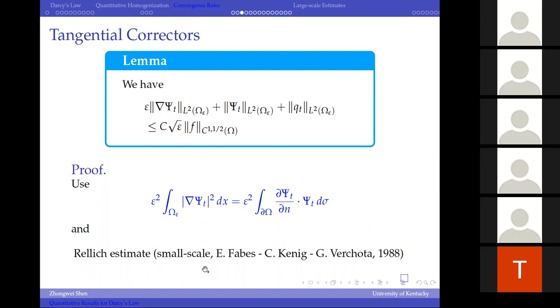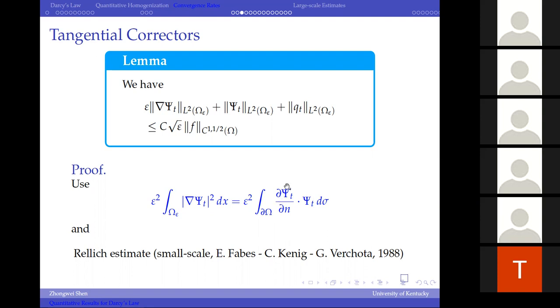And here we're going to use something called a radic estimate due to Phipps, Koenig, and Vokoda in a 1988 paper for the classical Stokes system in a fixed domain, which allows you to control the normal derivative by the tangential derivative.